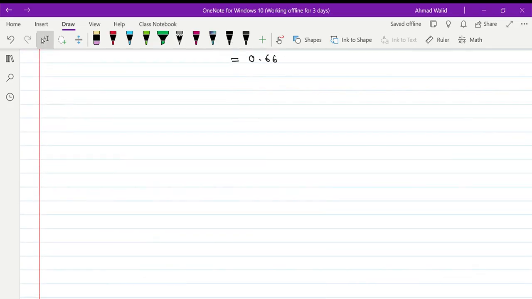One more example. Let me give you enough examples here for this lecture. Find the probability of a diamond or a king in a deck of cards.